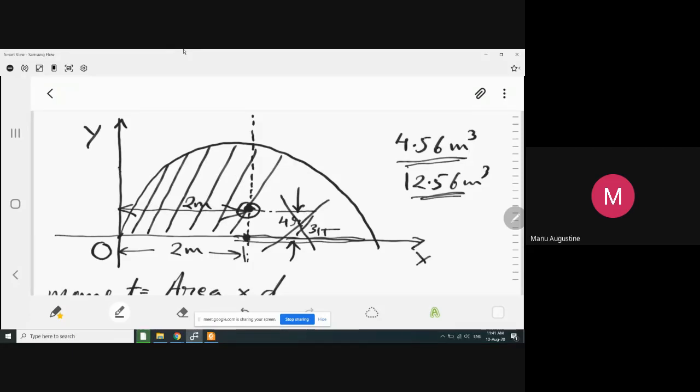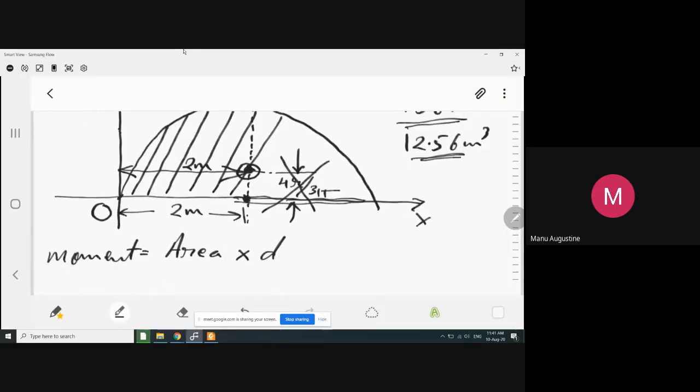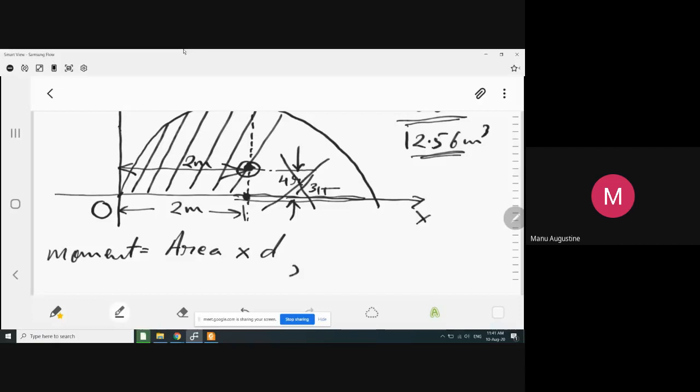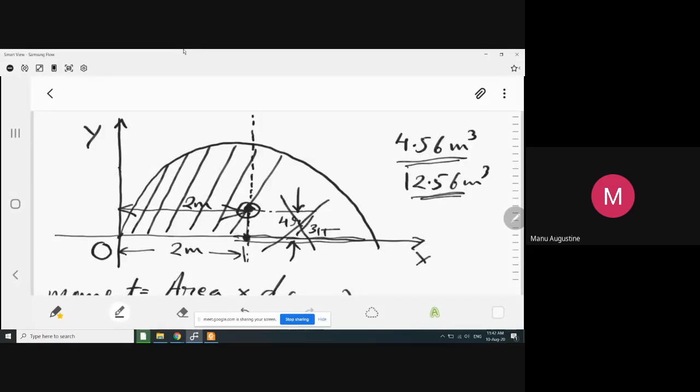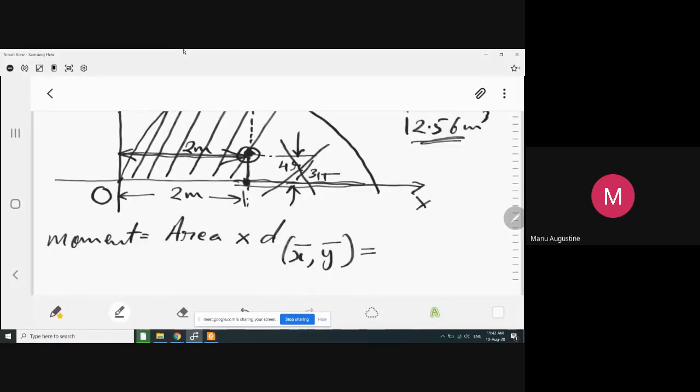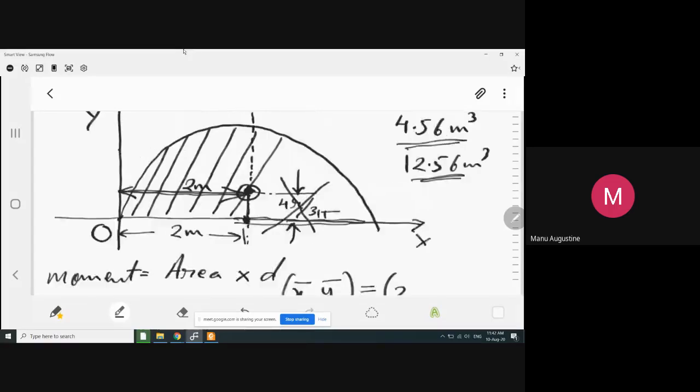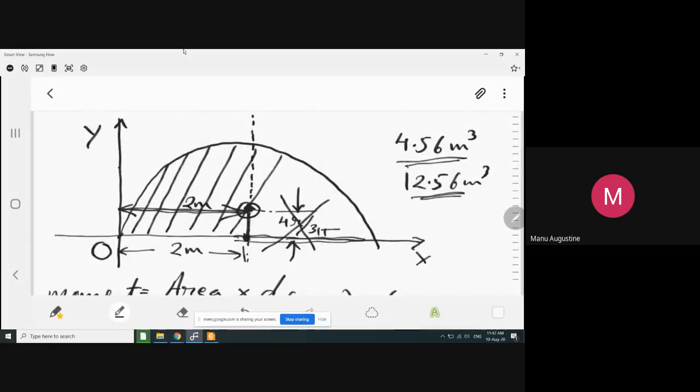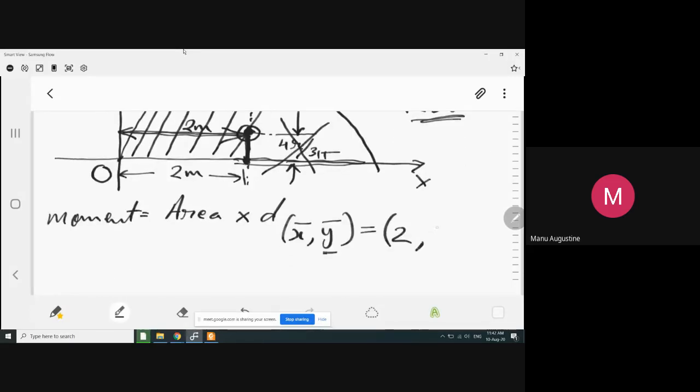So if you had been given the task of finding the centroid instead of finding the moment, the question would have been like this: x bar comma y bar. So you would say x bar is the distance of centroid from the y-axis. So this x bar is 2, and y bar is the distance of the centroid from x-axis, or the vertical distance, and this is 4r upon 3 pi.